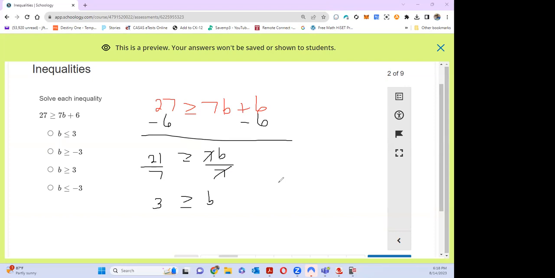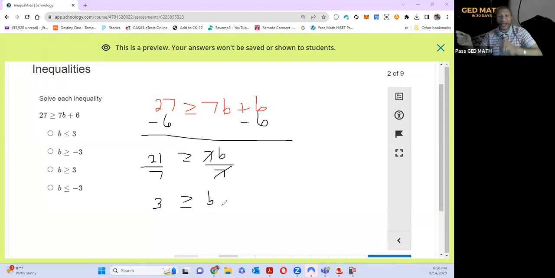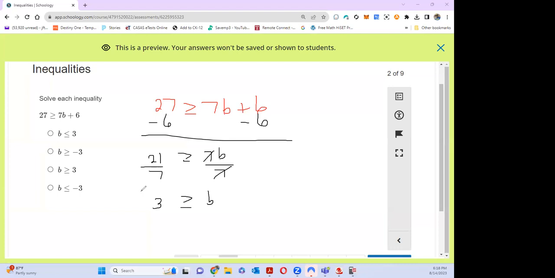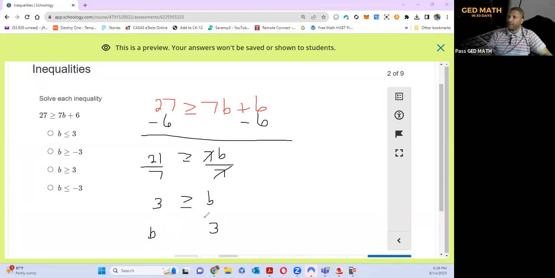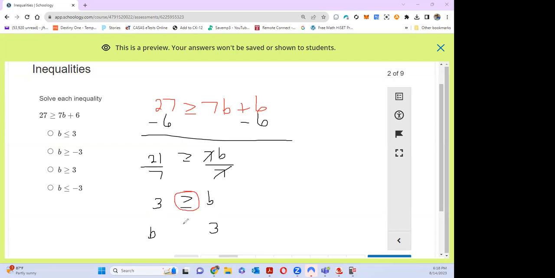Yep. Am I done? No. Why am I not done? On what side do I want my variable? I want it on the left. So I'm going to put my b on the left, put my 3 on the right. And what do I want to do with my inequality? Switch it. It's your answer.